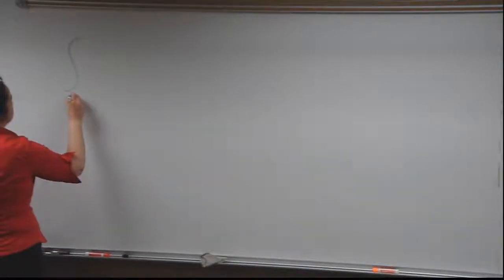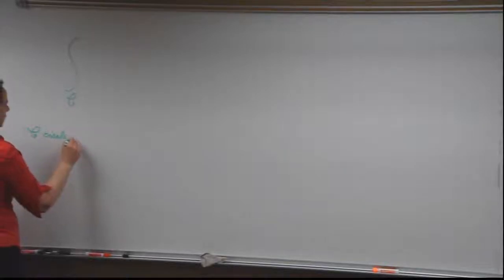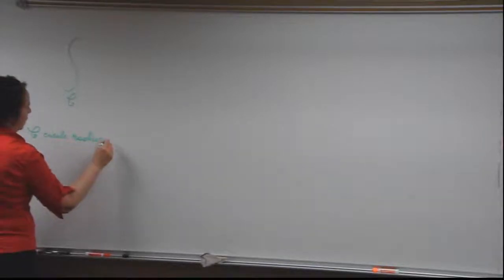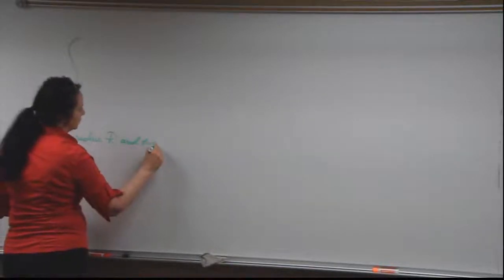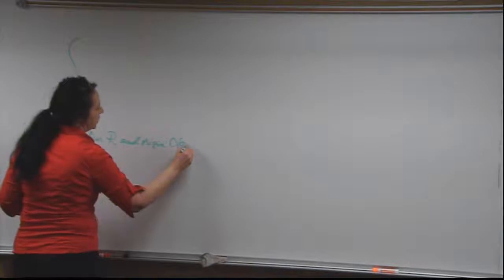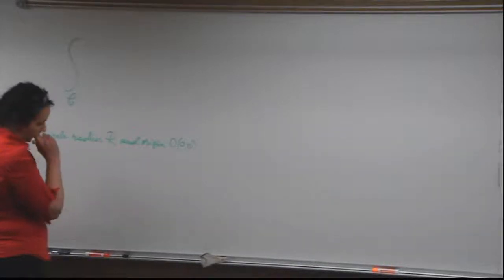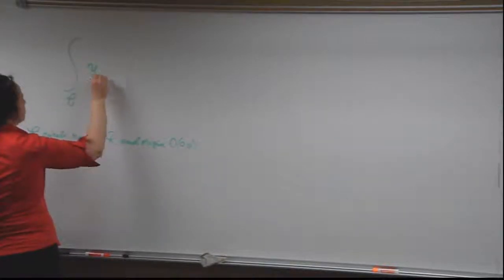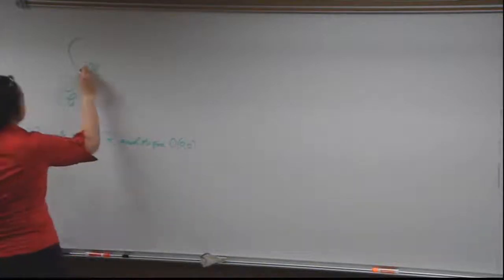Let's try this one. You have a circle of radius r, with the origin at coordinates 0, 0. I'm going to give you a very simple one.